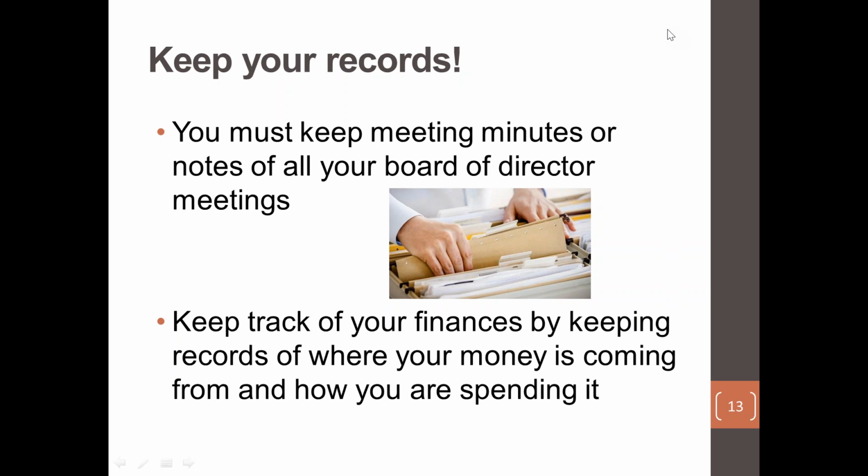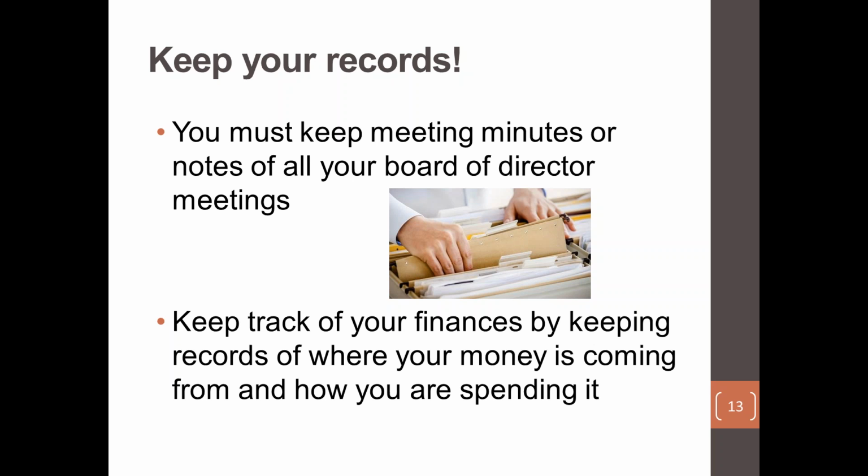It's very important to keep track of all your records. What are some of the records that you're going to have to be keeping? Some of the things you'll need are, for instance, meeting minutes. You have to have meeting minutes or notes of what was said at your board of directors meetings.